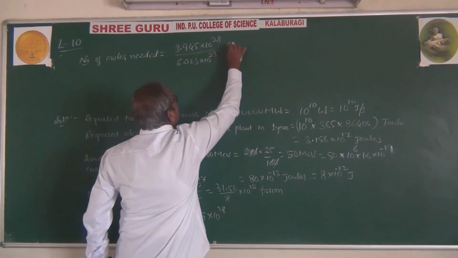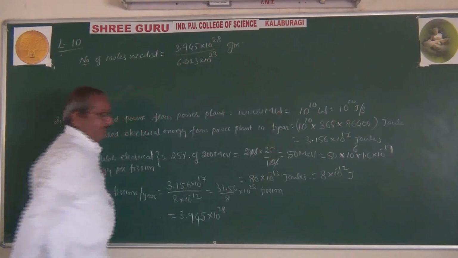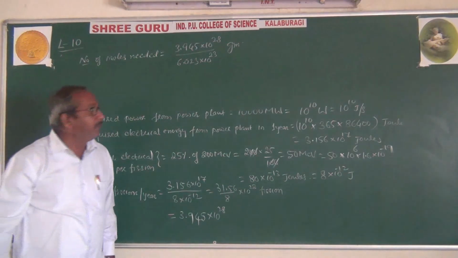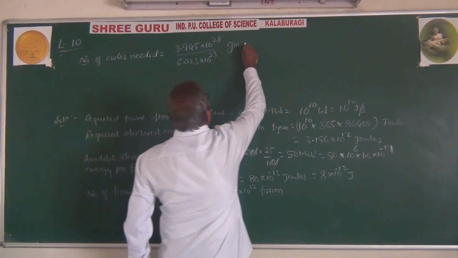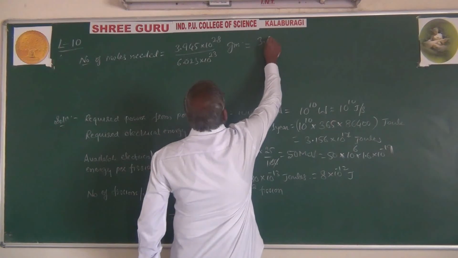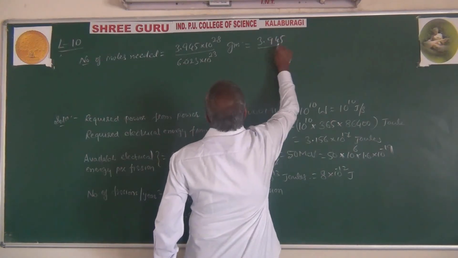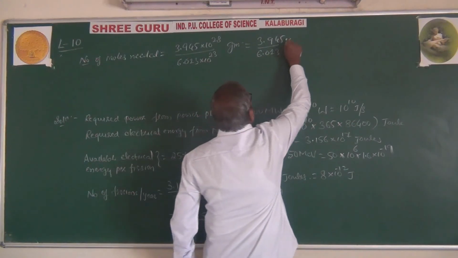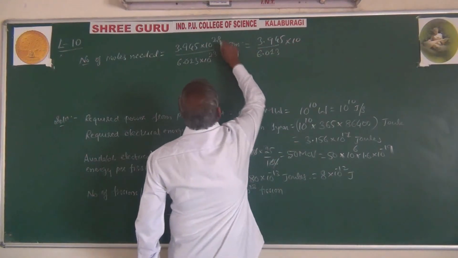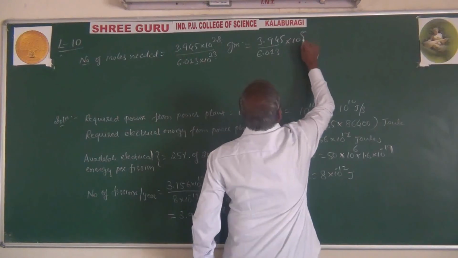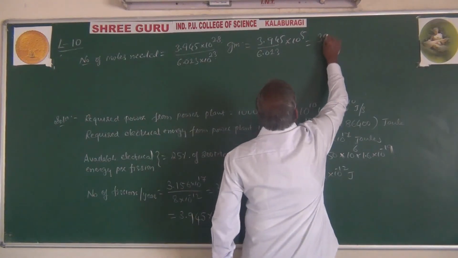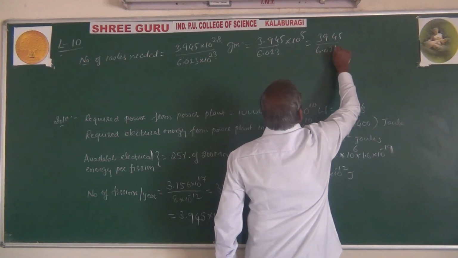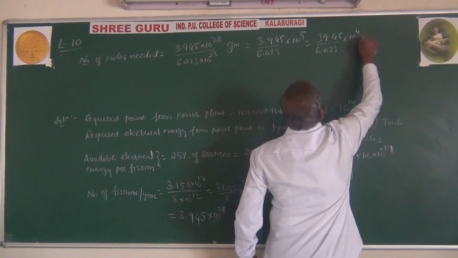This you will get in terms of moles. By simplifying this, 3.945 divided by 6.023 into 10 raised to 28 minus 23 becomes 5. Otherwise 39.45 divided by 6.023 into 10 raised to 4.